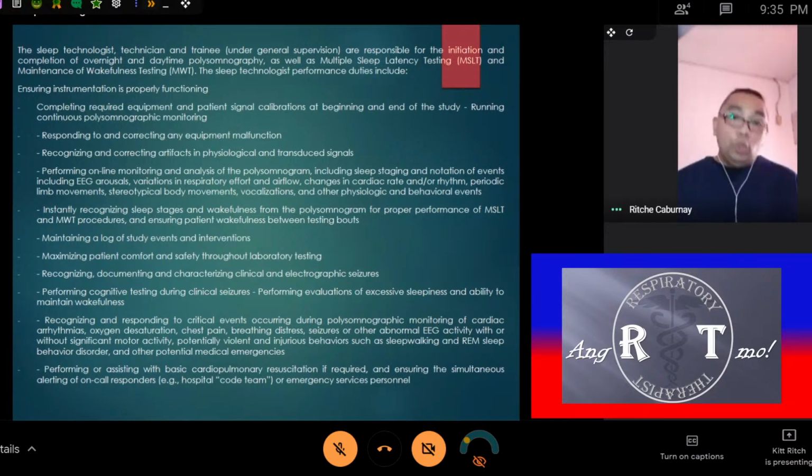Aside from that, you are also going to perform MSLT, or multiple sleep latency testing, and also maintenance of wakefulness testing.